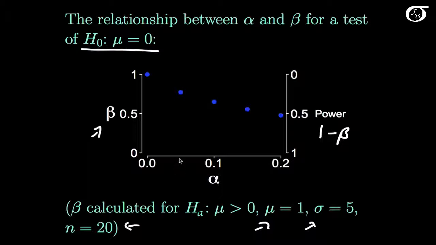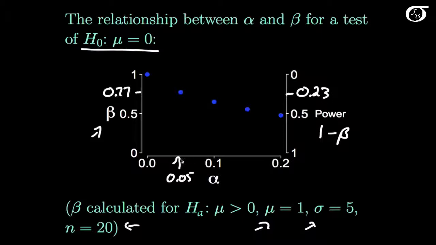If we chose the common alpha value of 0.05 and we went up here, we'd see that the corresponding beta value is 0.77. That's the actual calculated value. So the probability of a type 2 error in this scenario is 0.77, and the corresponding power of the test is 1 minus that, 0.23.